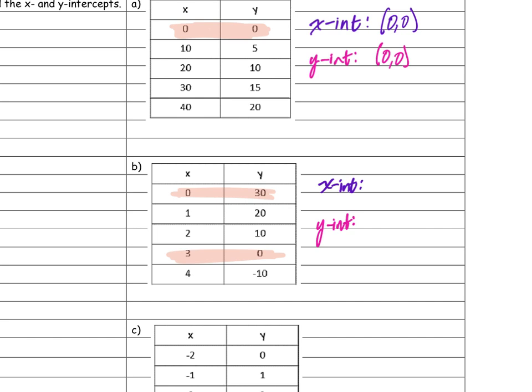So this one's my x-intercept, and this one is my y-intercept. It seems backwards, you'd think the x-intercept would be the one with x being 0, but it's not. The x-intercept is the one where x has a value, and the y-intercept is the one where y has a value. And that value on this one is 0, 30.